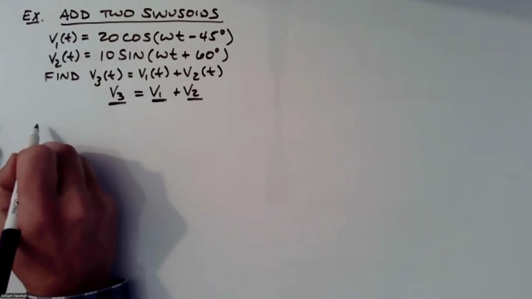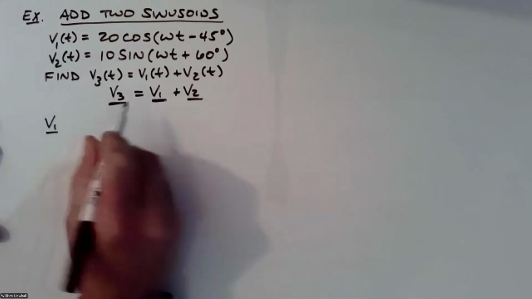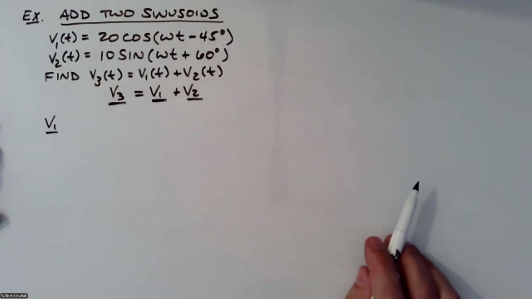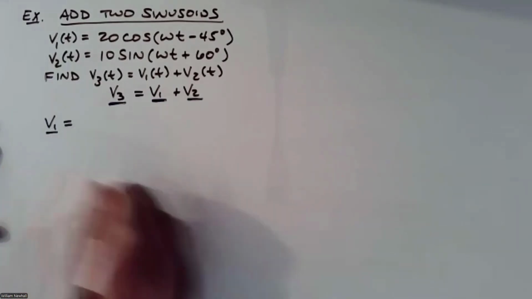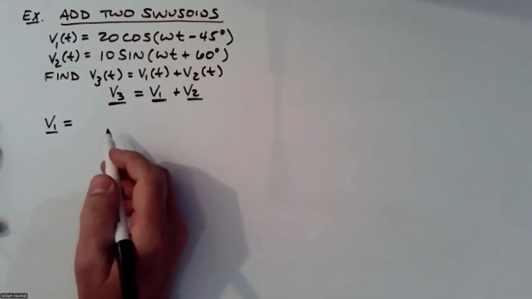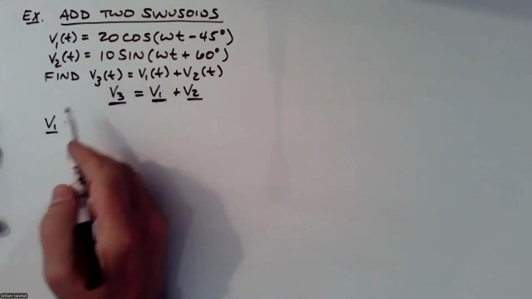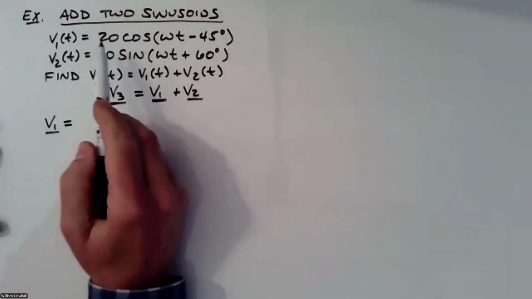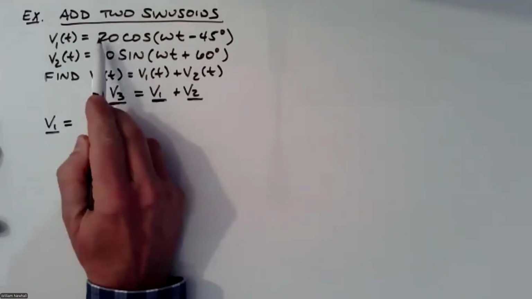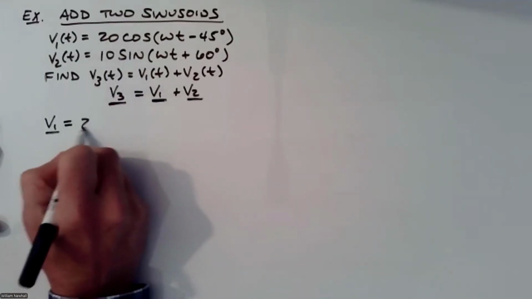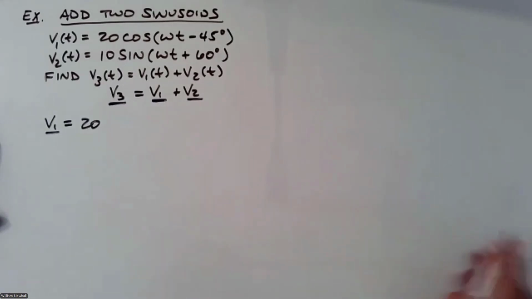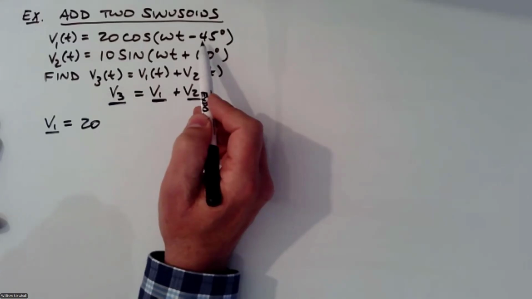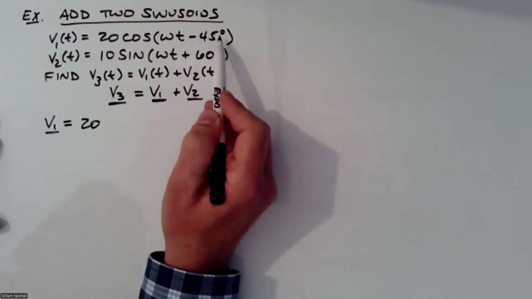Okay, what is V1 phasor? Let's convert this sinusoid, 20 cos omega t minus 45 degrees, to a phasor. That's easy. This phasor, this vector, has the length equal to the amplitude of the cosine it represents. It's length 20. It has the angle up from the real axis, in this case, negative 45 degrees.